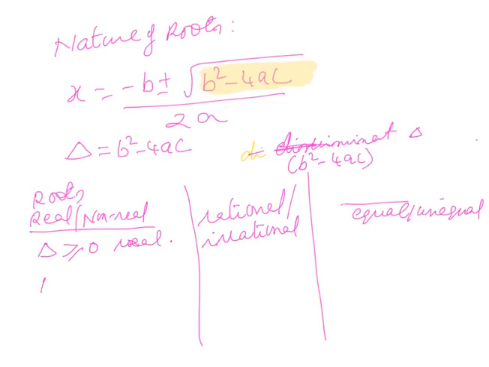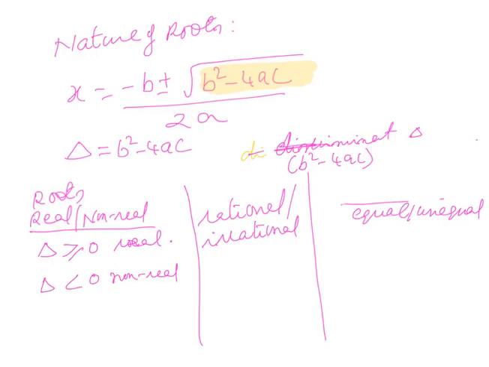If delta is less than 0, that is, it is negative, then it is non-real. If it is positive, it is real.